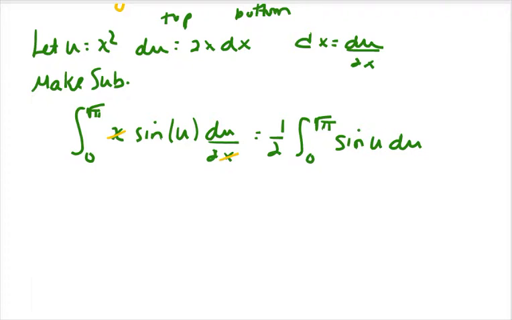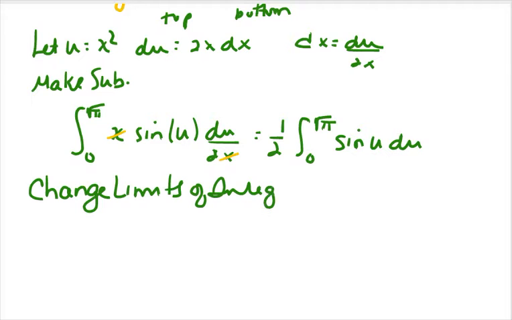But remember, we have to put in another step here to change the limits of integration. Right, because we have the integrand in terms of u, but these limits of integration are in terms of x. So we've got a mix here.